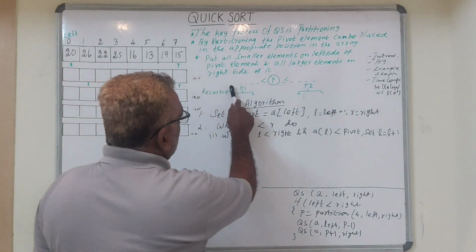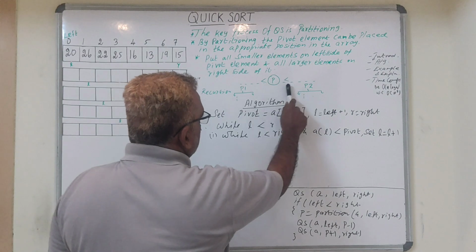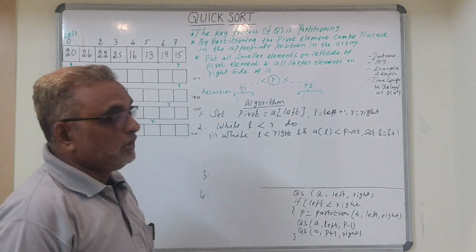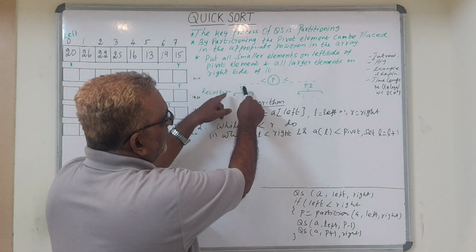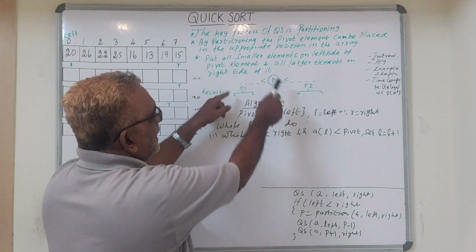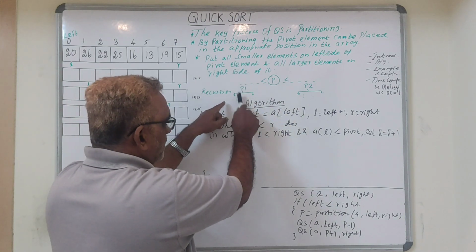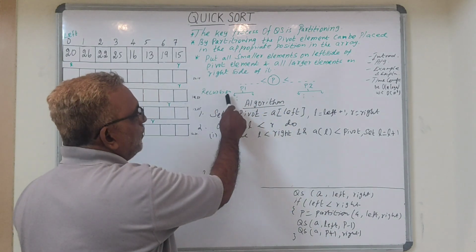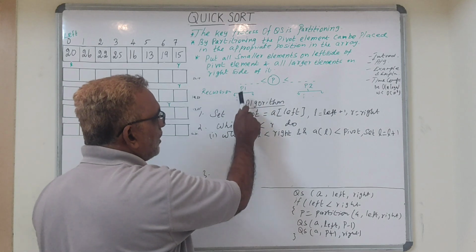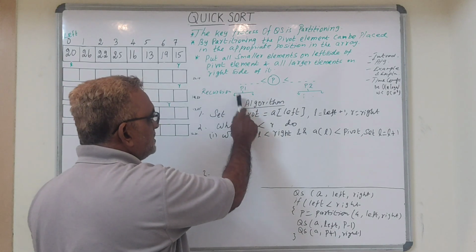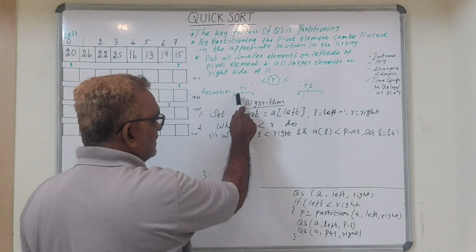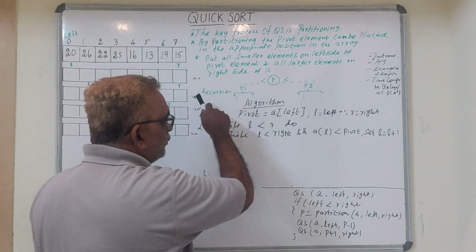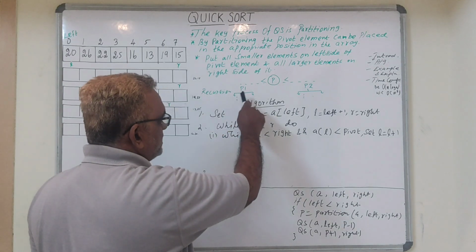So this portion is called partition 1 and this is called partition 2. Again, if the values are not sorted, we have to do the procedure on this partition. You can select any one of these elements from this list as a pivot and perform the procedure again.